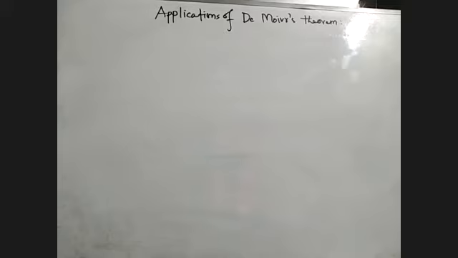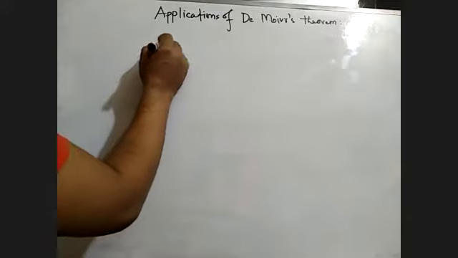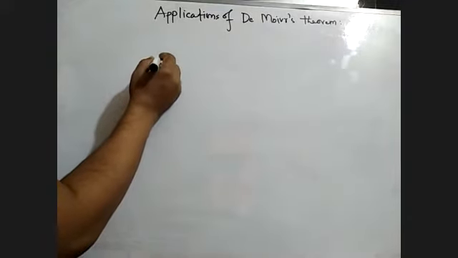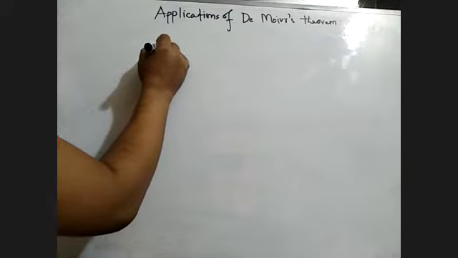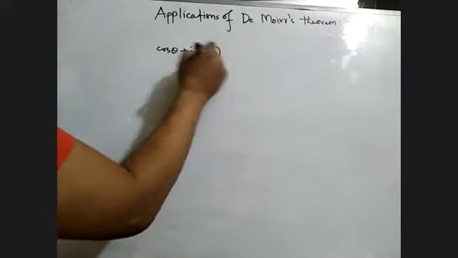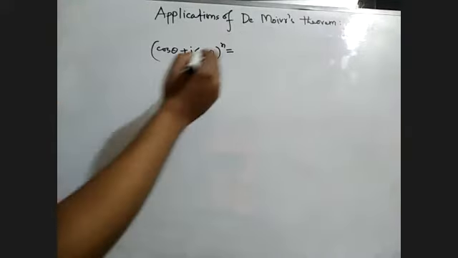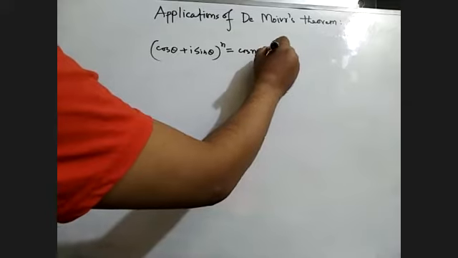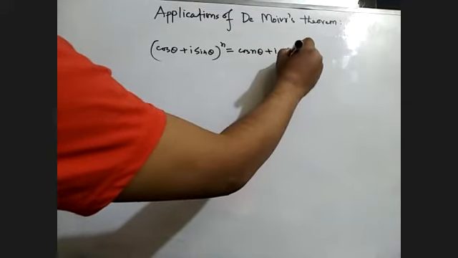In the previous class, we proved the statement of De Moivre's theorem. For any n, whether a rational number, a negative integer, or a positive integer, (cos theta + i sin theta) to the power n equals cos n theta + i sin n theta.